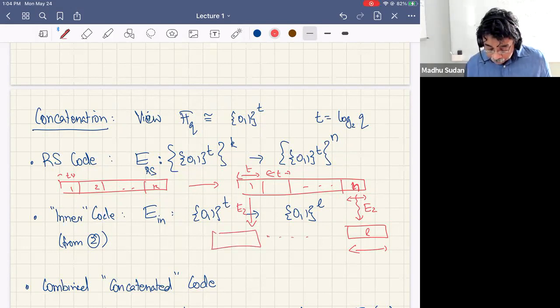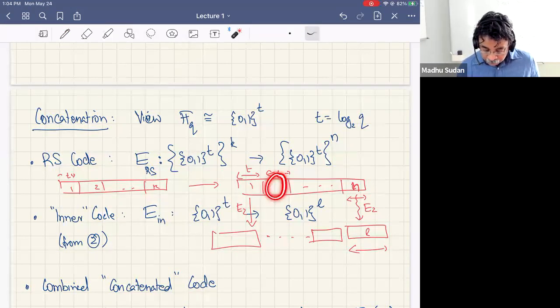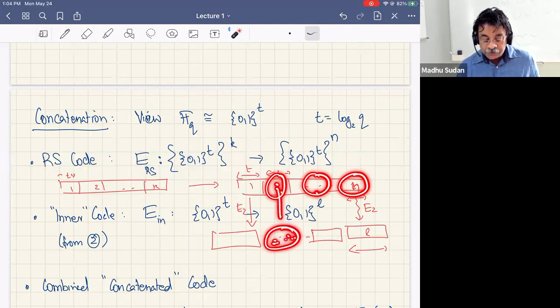Okay, so I get N such sequences of L letters each. And what's the feature that we have? Well, if I start with 2 distinct messages, most of these blocks will be different. For 2 blocks which are different, a constant fraction of these symbols will be different.